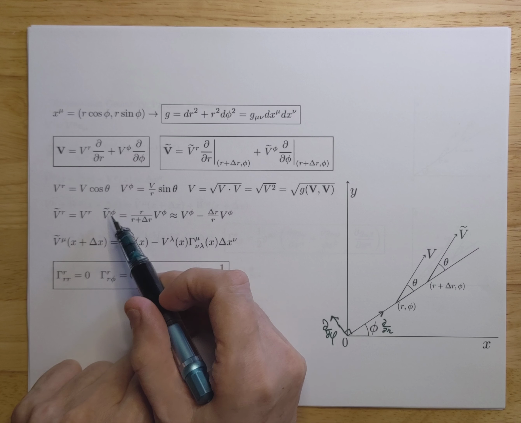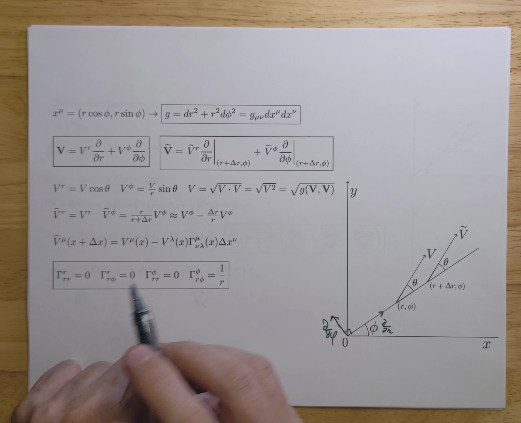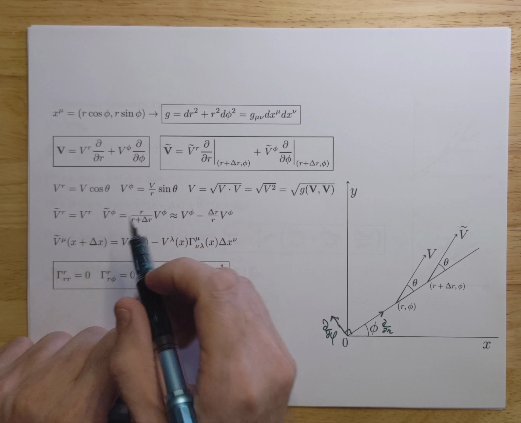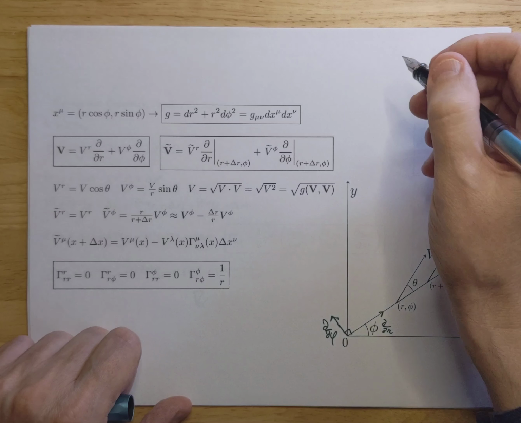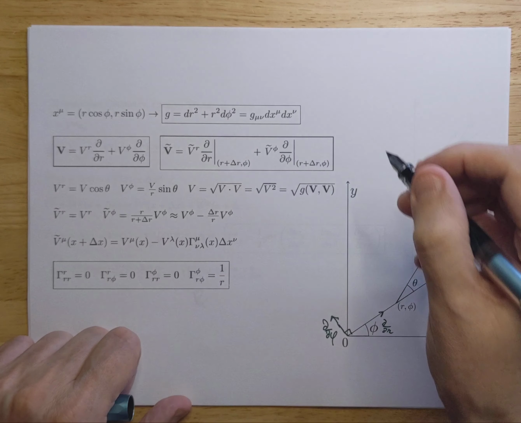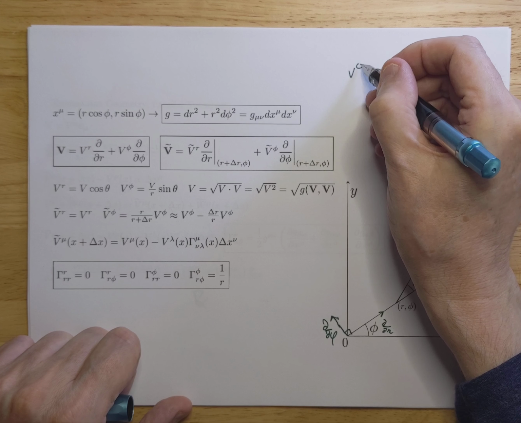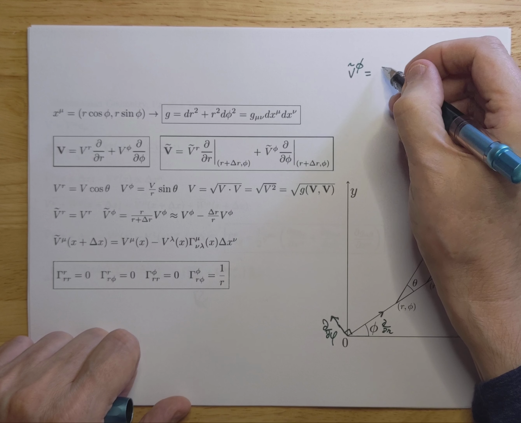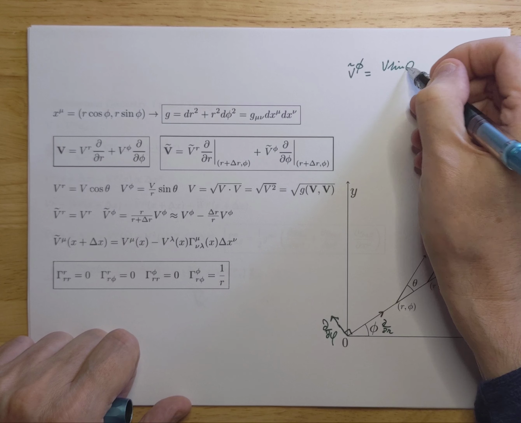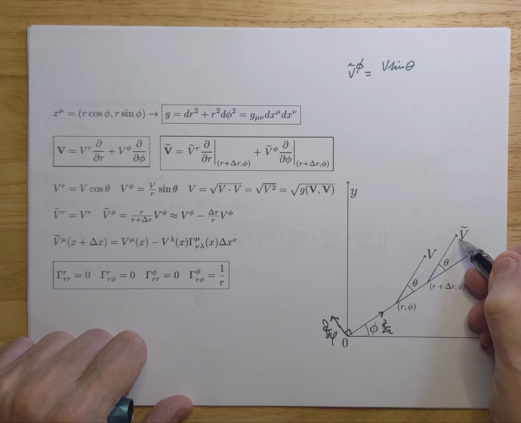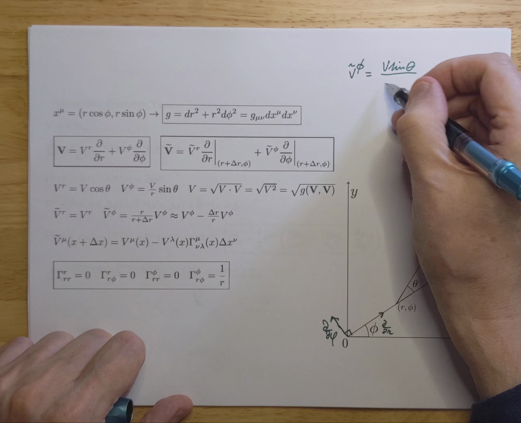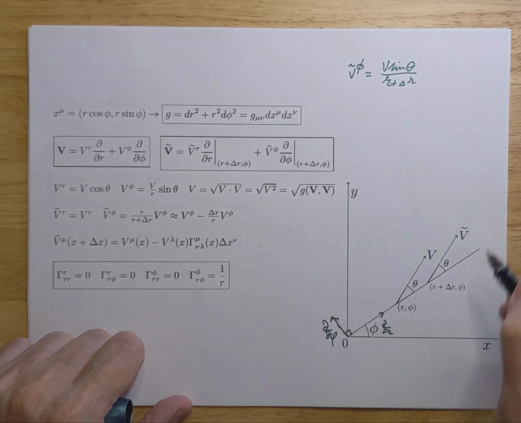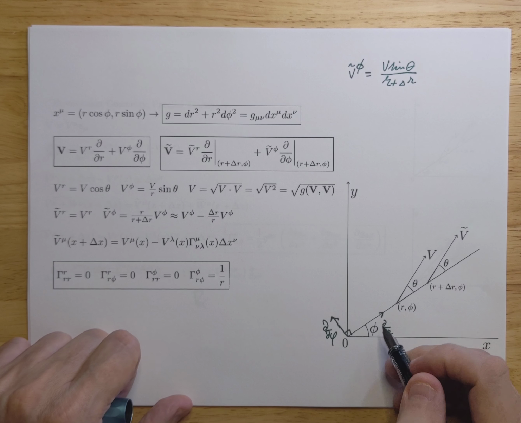For phi, that's obviously not the case. What you do there is you say, okay, we're going to do the same as we did here. So you can quickly say, V tilde phi equals V sine phi, again that projection, this piece, but now it's r plus delta r, because we are in our new location r plus delta r here.